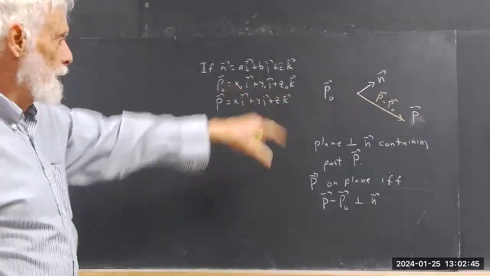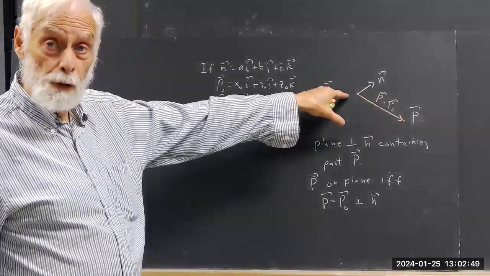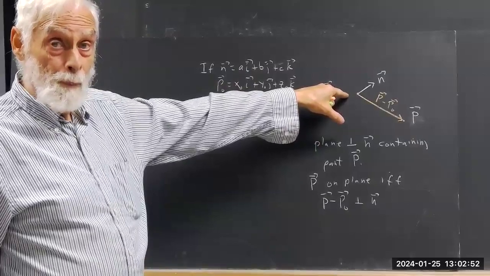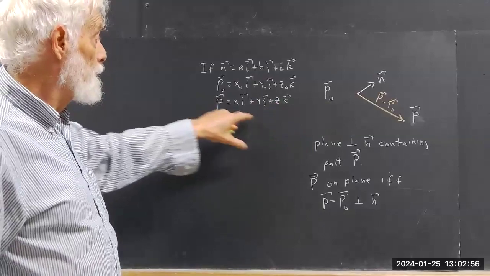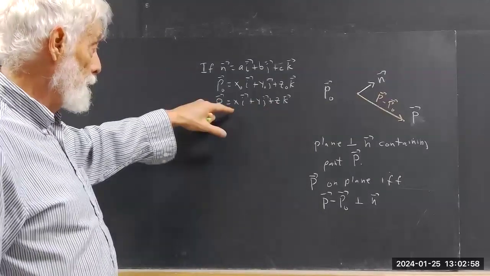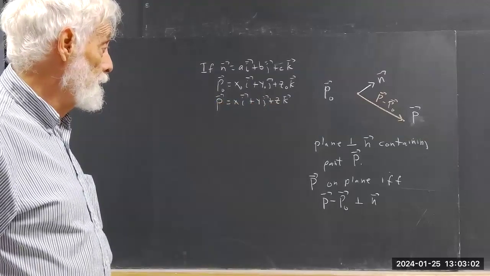The vector P naught is X naught i plus Y naught j plus Z naught k. In other words, the point P naught has coordinates X naught, Y naught, Z naught. And point P has coordinates X, Y, Z, so that the vector P from the origin out to the point is Xi plus Yj plus Zk.